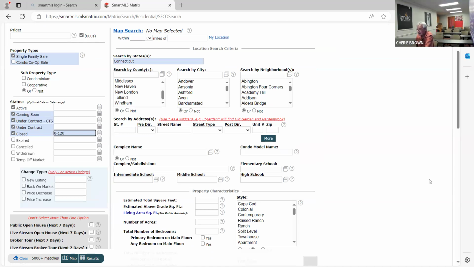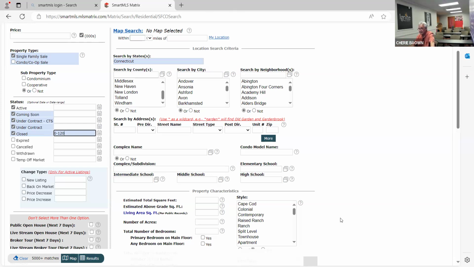I'll search by square footage and a couple of other criteria, because when I hit the results key down here in the far left bottom, I would rather see more properties and then choose which ones to eliminate or look at more closely.